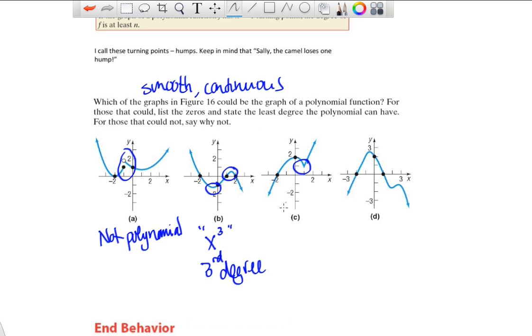I have a different word for that, but we can't have sharp turns like this. So that is not a polynomial. And then the last one, smooth and continuous, we have 1, 2, 3 humps. So this could be an x to the 4th, so that would be a 4th degree function.